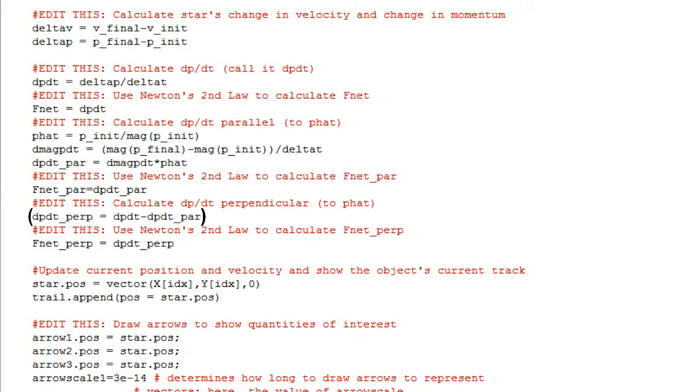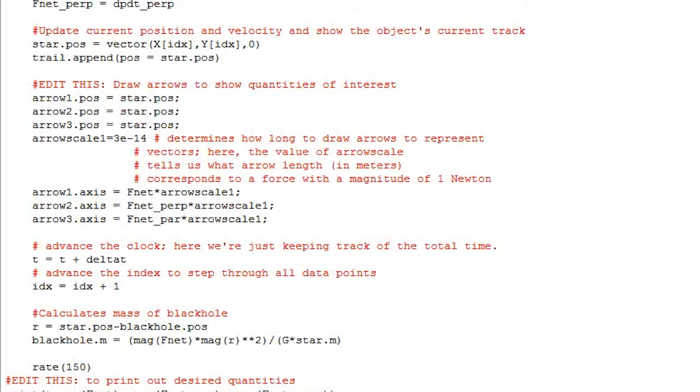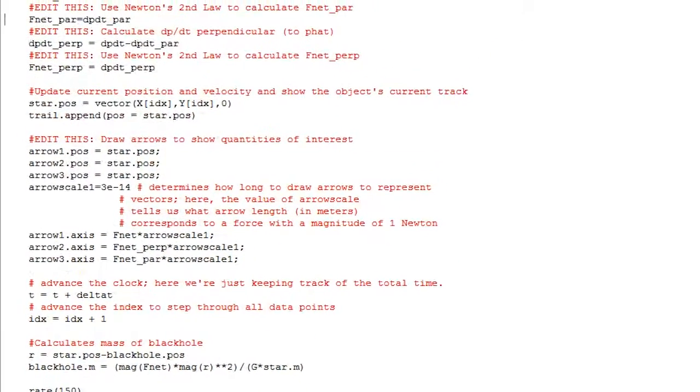We can then simply subtract dp/dt parallel from dp/dt to calculate dp/dt perpendicular, which we will use for F net perpendicular. Now, to calculate the mass of the black hole, I set r to be the displacement from the star to the black hole, and wrote out Newton's universal law of gravitation solved for the mass of the black hole.